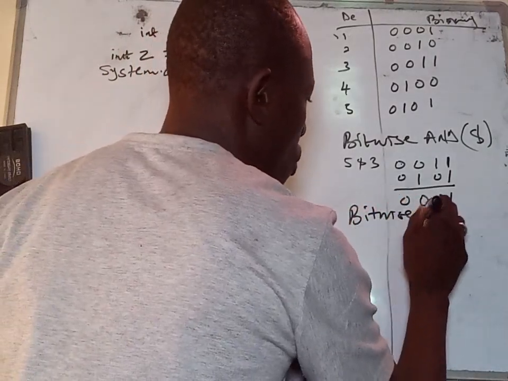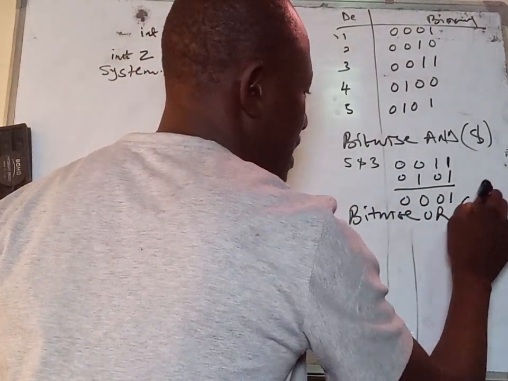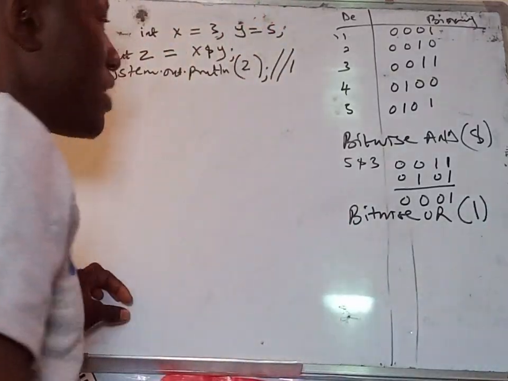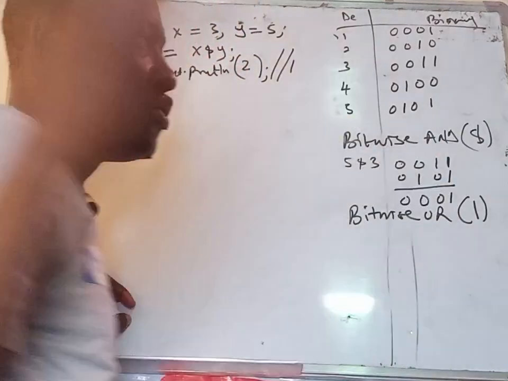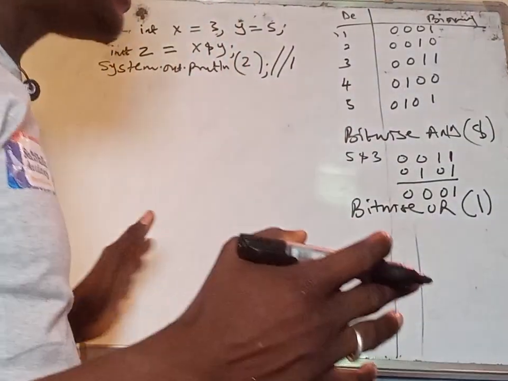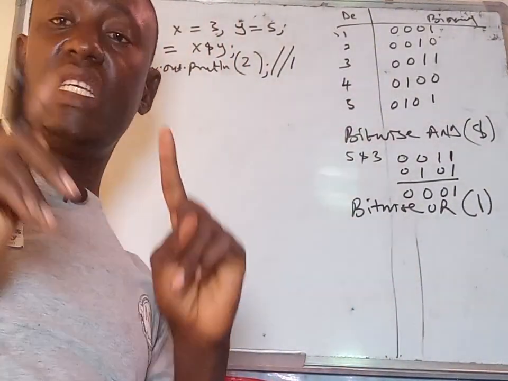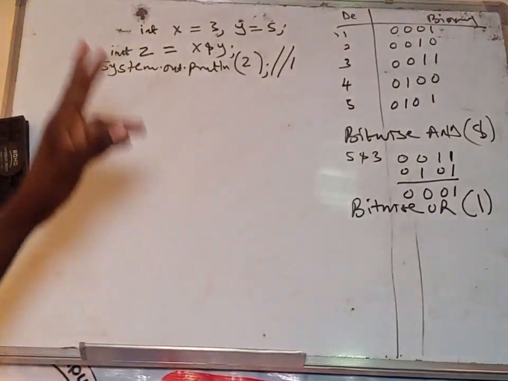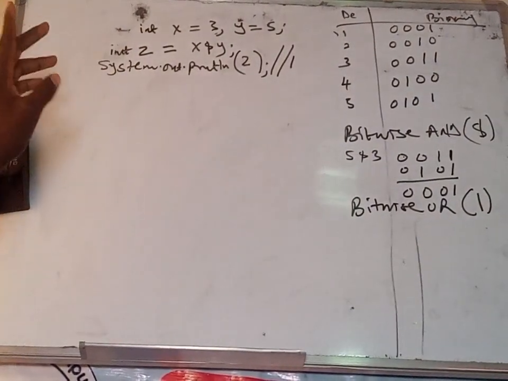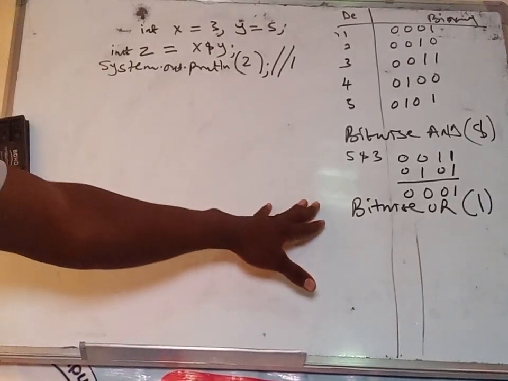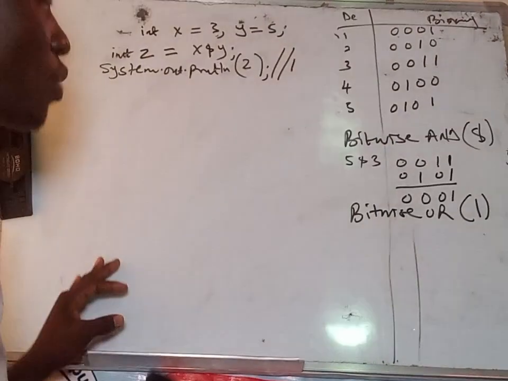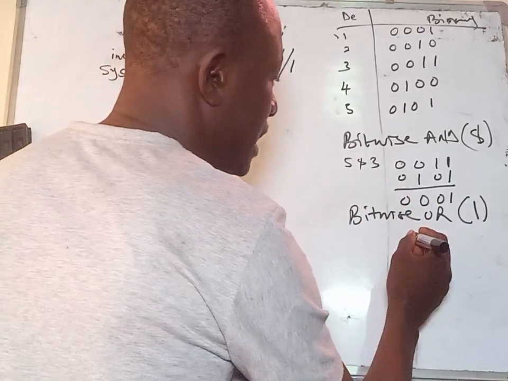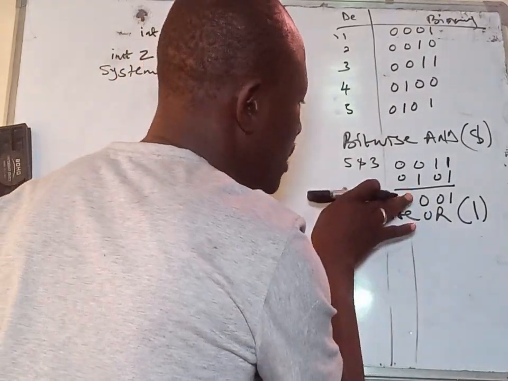Bitwise OR is represented by a single vertical line. In bitwise OR, remember that if either of the inputs is 1, the output is 1. So that's what bitwise OR does. Assuming we have the same numbers, 5 and 3, let's just use this.